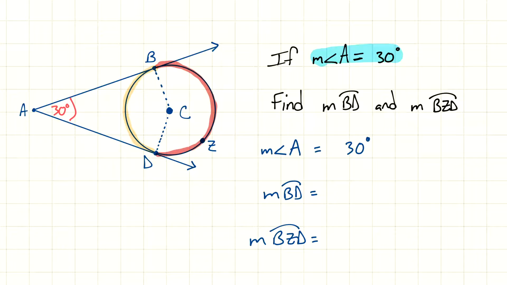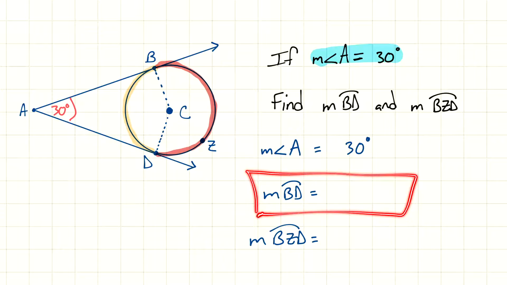So I'm looking for those two arcs. All right, so let's see if you could tell me what the measurement of arc BD is. All right, that's this one. Keep in mind that special relationship between this angle and this arc. So let's see if you could tell me that.